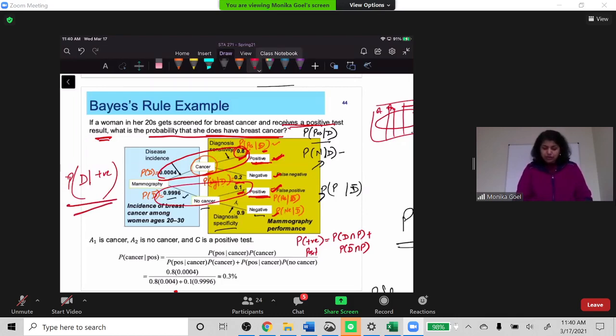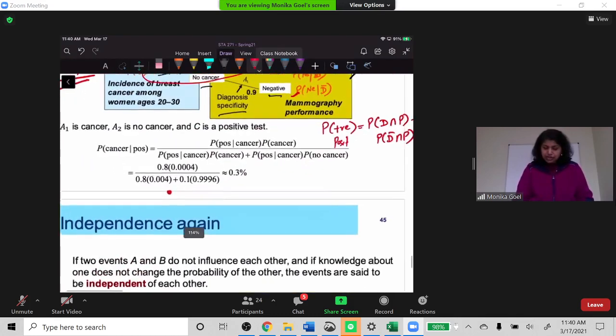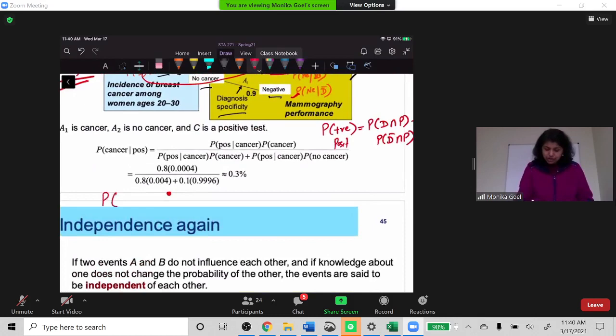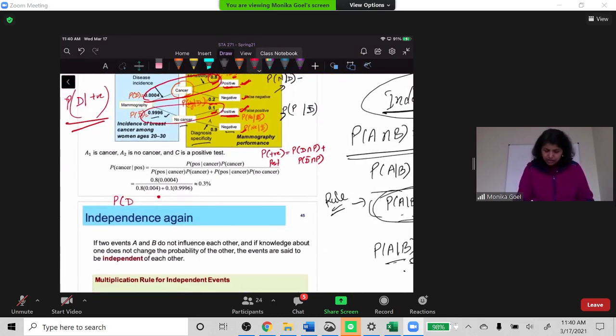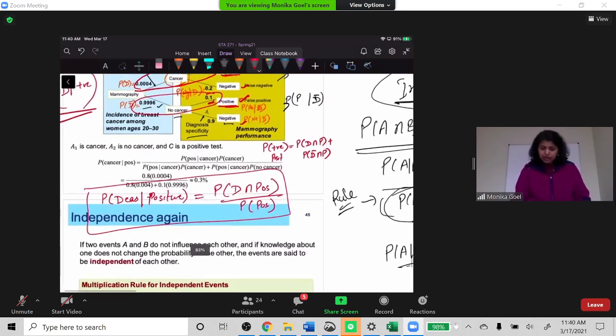And when we are looking for this part, let's first write how we write this in the notation of conditional probability. Given that there is a disease and the test comes out to be positive, it is the intersection of disease and positive divided by the probability of the test coming out positive. This is our conditional probability rule, right?